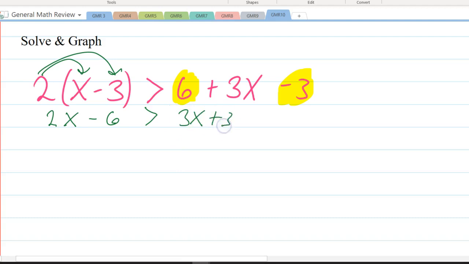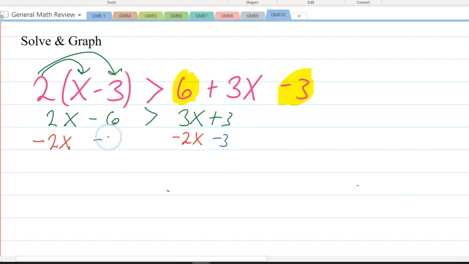Now I want to get all of my numbers on one side and my letters on the other. I'm going to use the same rules as I did for solving equations. I want to keep my x's positive whenever possible. And that means I'm going to subtract 2x and subtract 2x. At the same time, I'm also going to get the 3 to the other side.